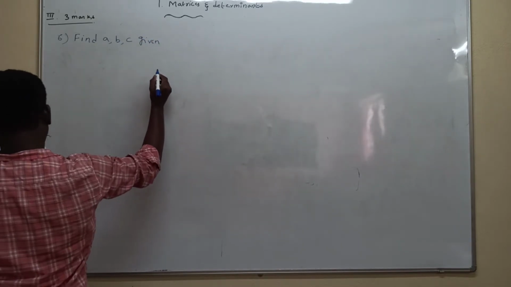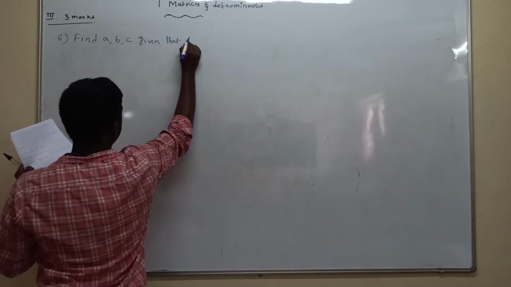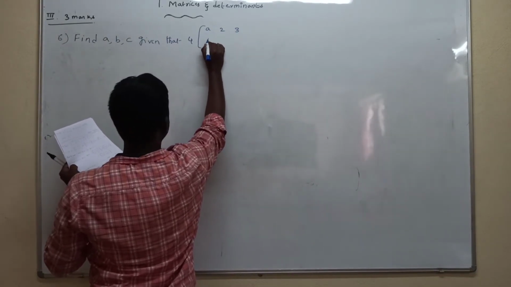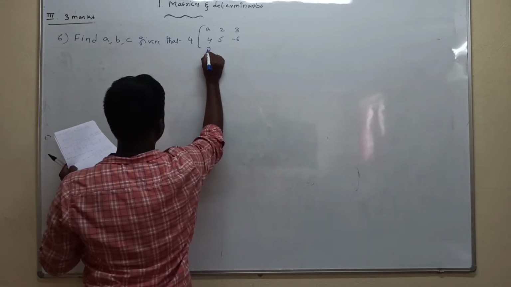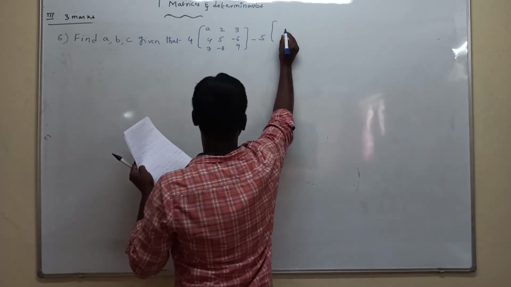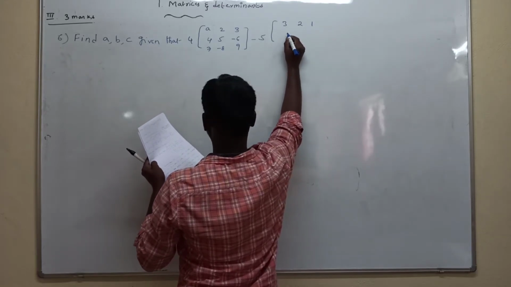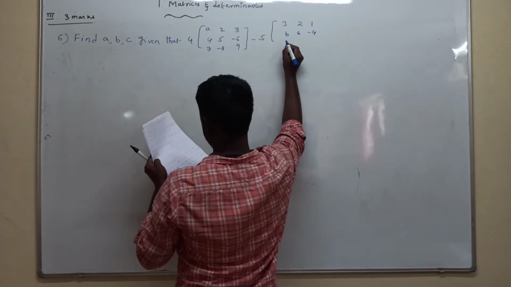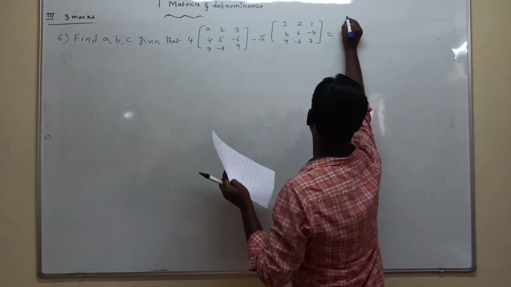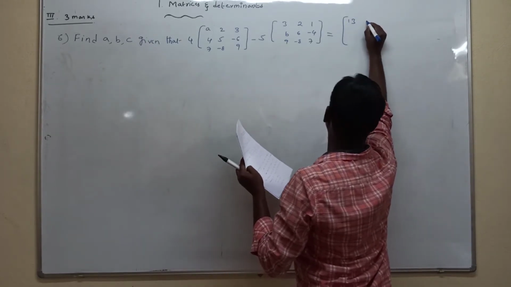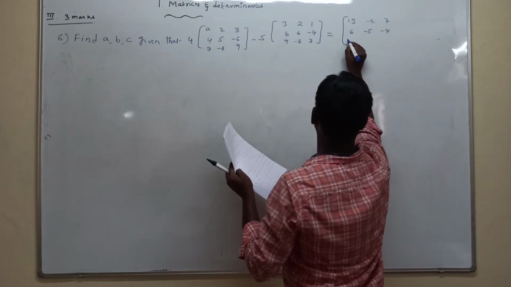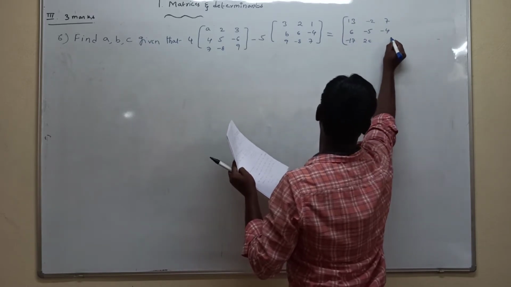The given condition is 4 into the matrix with A 2 3 4 5 minus 6 7 minus 8 9, minus 5 into the matrix 3 2 1 B 6 minus 4 9 minus 8 7, is equal to 13 minus 2 7 6 minus 5 minus 4 minus 17 2C 1.